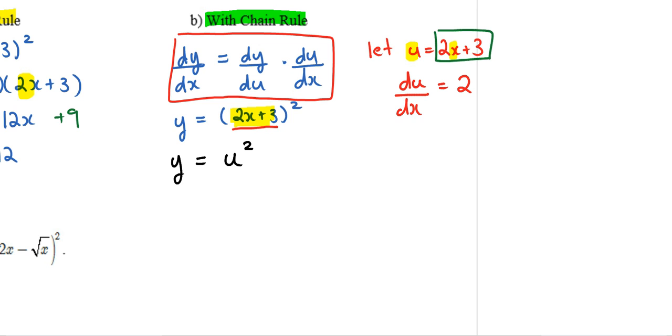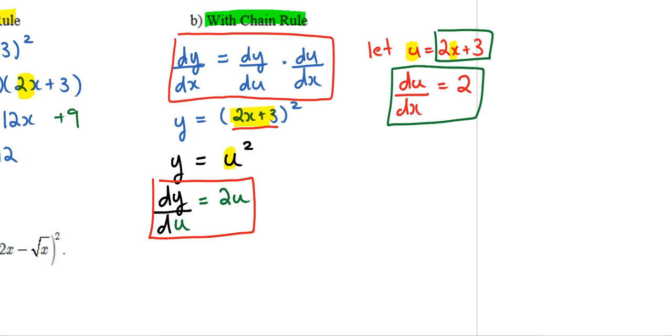And if I wanted to find the derivative of y here, since there's a u here, I need to take the derivative with respect to u, and I just apply my power rule. This would be 2u. So let me highlight these two boxes. This is dy by du equals 2u. And I also have this box over here, which is du by dx equals 2.